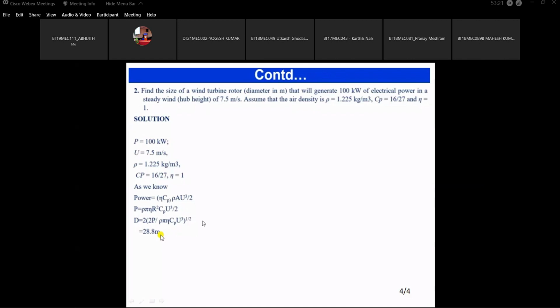This is a simple calculation. So calculate fast and type your answer in the chat box.